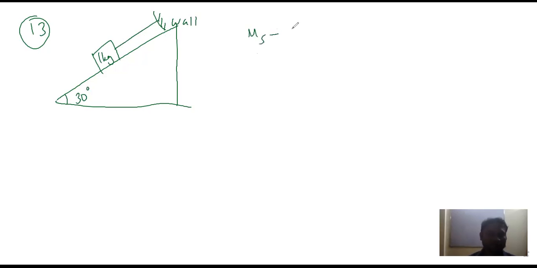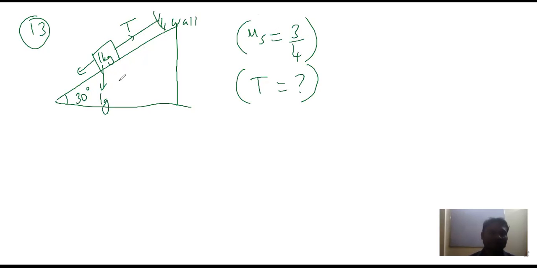The coefficient of static friction is 3 by 4. We have to calculate the value of tension force T. So tension will act up the incline. Mg we can resolve. Its one component will be 10 cos 30. Here we will have 10 sine 30.